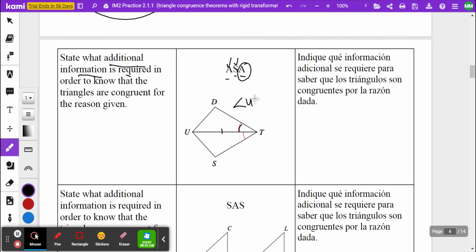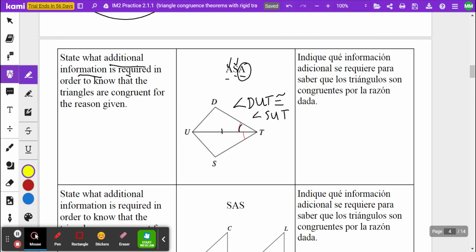So I would need to know that angle, sorry, I have to name it better, angle DUT is congruent to angle SUT. And a lot of the time, I find students are confused about naming angles.